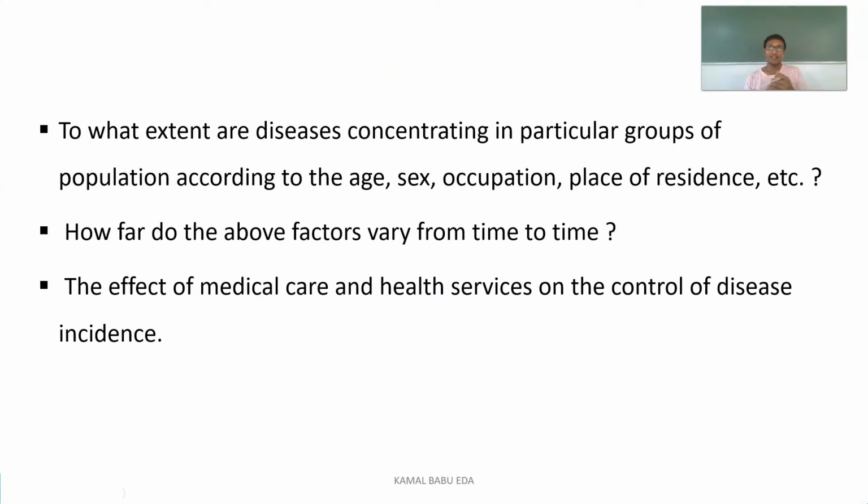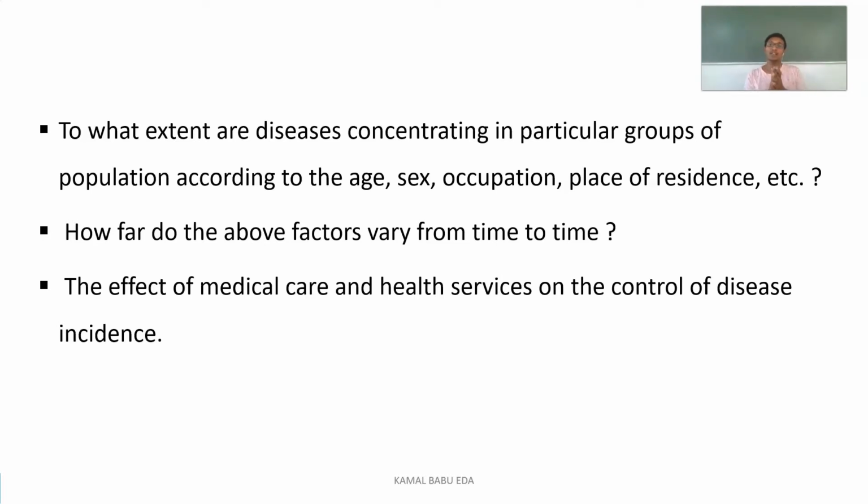And in continuation, to what extent the diseases are concentrated in particular groups or in a population: according to age, sex, occupation, and place of residence, and how far the above factors vary from time to time, and the effect of medical care and health services on the control of disease incidence.